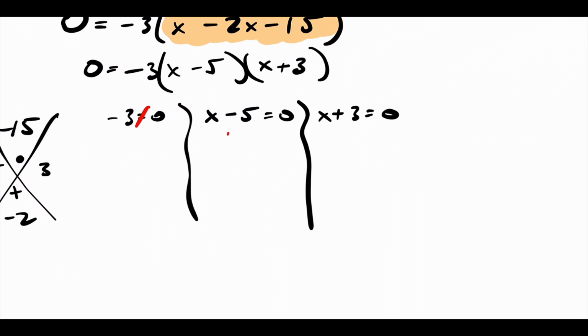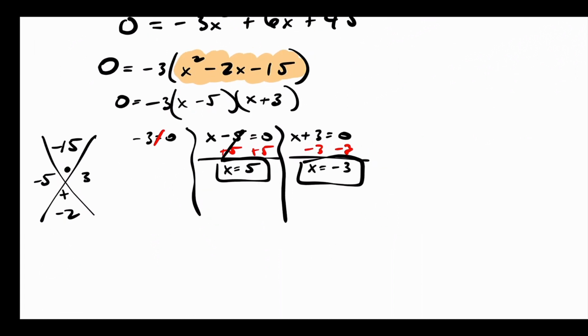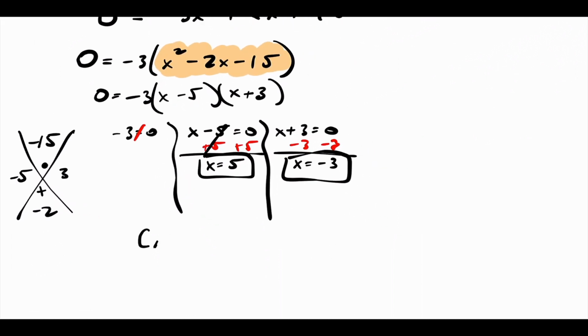The other one, I can add 5 to both sides, subtract 3 from both sides. So I get 5 and negative 3. Those are my critical values or numbers, whatever you want to call them.